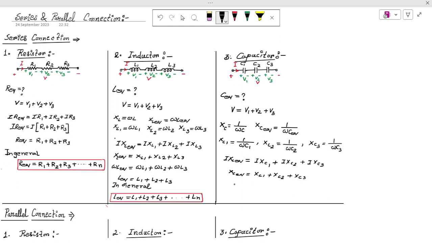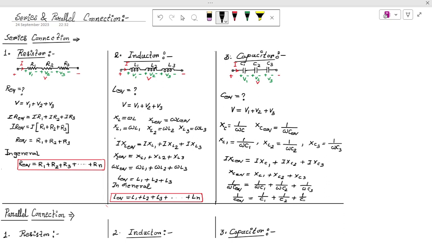XC equivalent you can write 1 by omega C equivalent equal to 1 by omega C1 plus 1 by omega C2 plus 1 by omega C3, or we can write 1 by C equivalent equal to 1 upon C1 plus 1 upon C2 plus 1 upon C3.